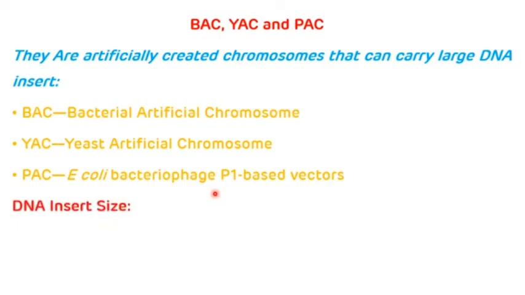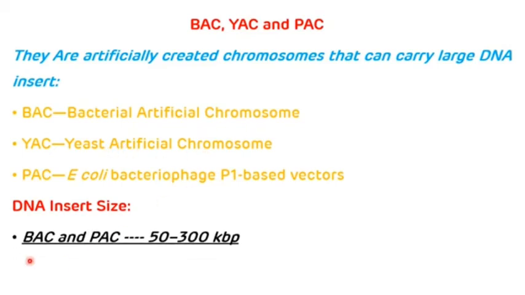Bacterial artificial chromosomes and PAC can carry 50 to 300 kilobase pairs of DNA fragments, while yeast artificial chromosomes can carry around 500 to 3000 kilobase pairs of DNA fragments. So that is about BAC, YAC, and PAC.